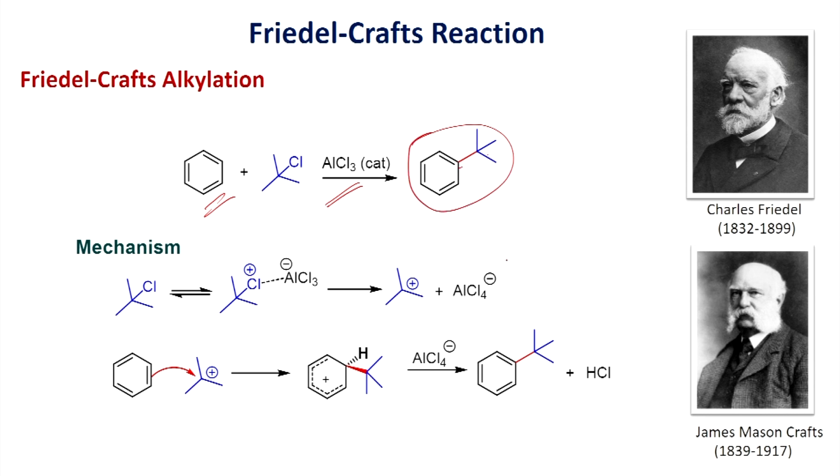The mechanism of this reaction is shown here, as we have seen, when you have the Lewis acid, it can form an activated intermediate. Once you form this one, then you will be able to form this carbocation. So, this carbocation now can act as electrophile. Now, the benzene can undergo reaction, as you can see here, then you will be able to form this carbocation intermediate.